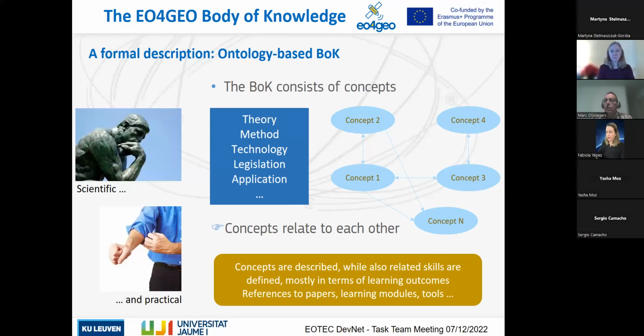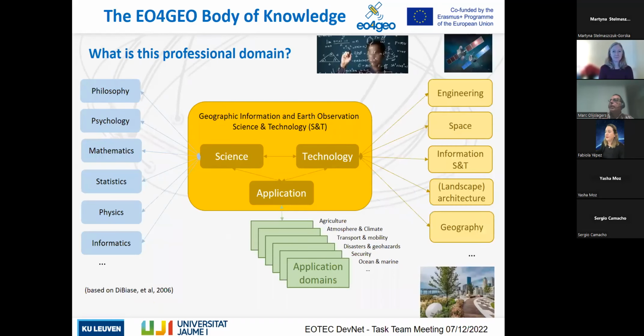We have the normal relations that define the hierarchical structure with subconcept and superconcept, but we can also have other relations like similarity, makes use of, is related to for a broader relation. So, for example, we can relate a practical application to a technology that is used within that application.